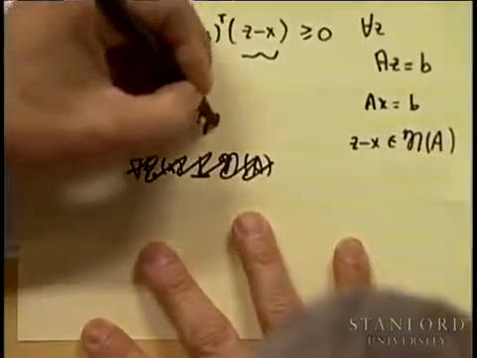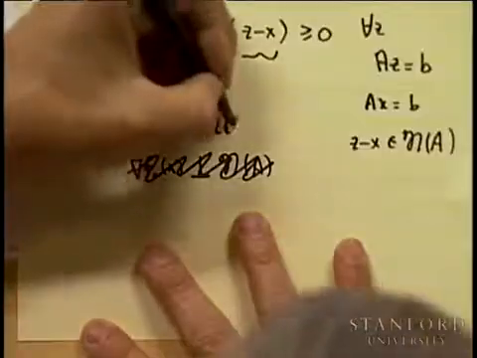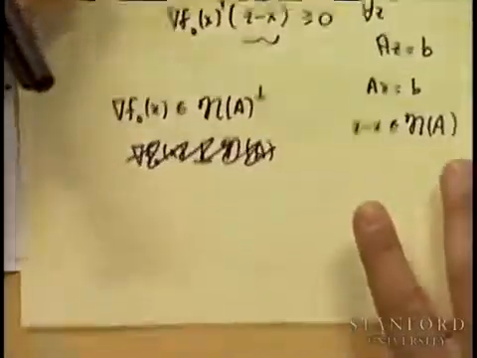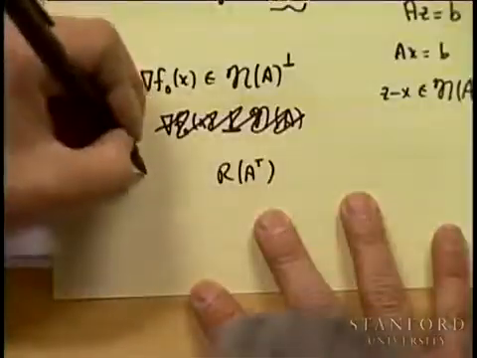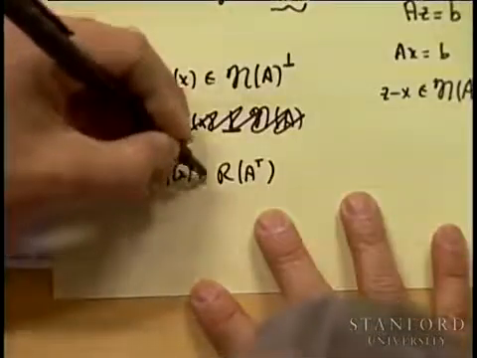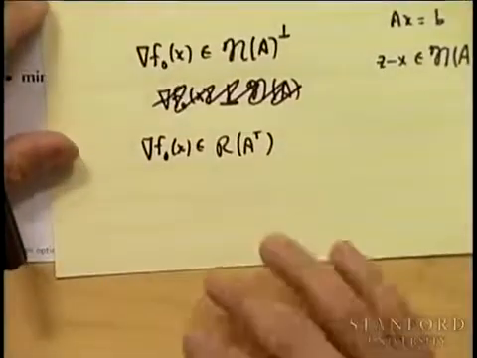I forgot, I skipped that. So that says grad f0 of x is orthogonal to the null space of A. Now that is the range of A transpose. So grad f of x is in the range of A transpose.